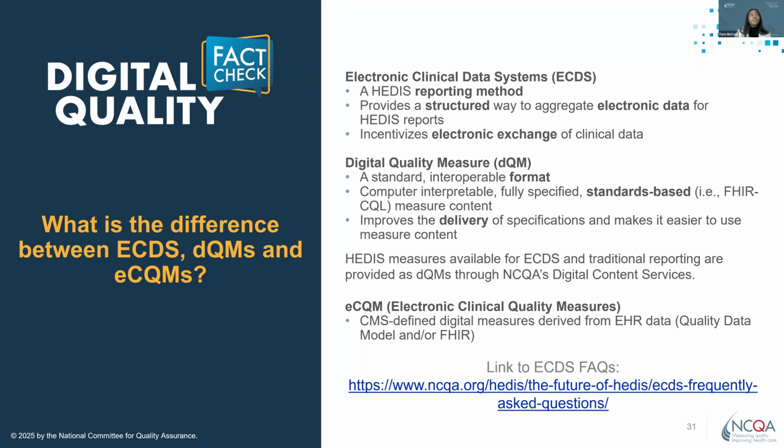And as I noted, both the HEDIS measures that are available for ECDS and traditional are also available as digital content through our digital content services. ECQMs are CMS-defined digital measures that derive or use EHR data. And so those are based on the quality data model, or QDM, and also FHIR. So similar, but all different concepts.